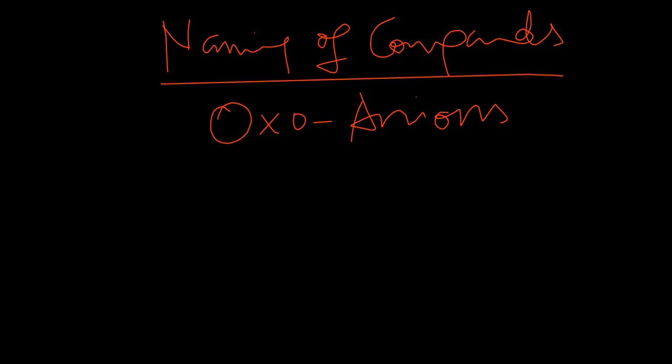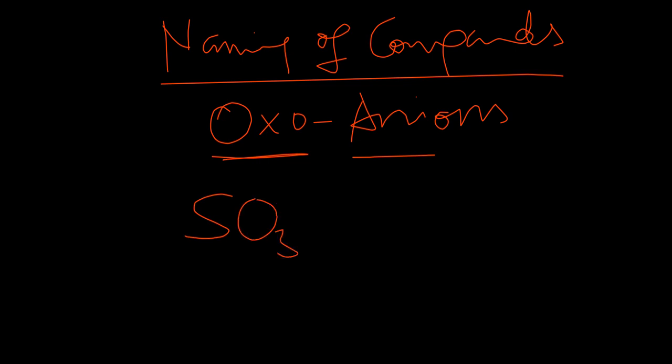Oxo-anions are simply complex anions that contain oxygen. The word oxo means oxygen, it comes from the word oxygen. An anion is a negatively charged atom or a negatively charged substance. So it's a complex ion, like for example, SO3 minus 2.